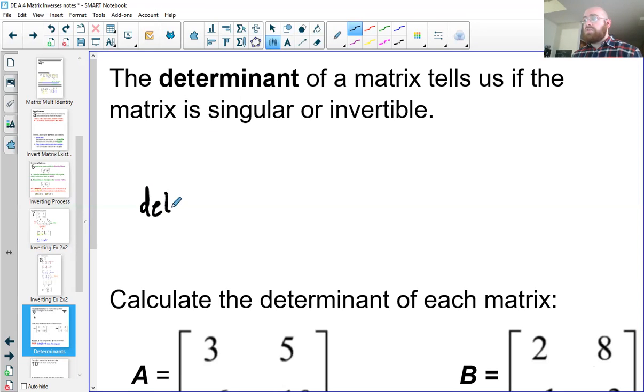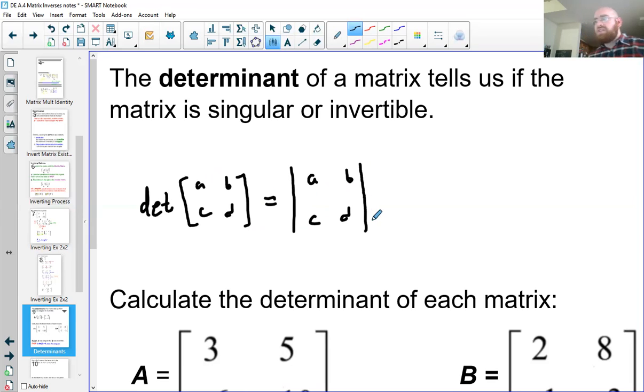So for a 2 by 2 matrix, we often will write determinant of A, B, C, and D, where A, B, C, and D are just the entries in those positions. Oftentimes we'll abbreviate by writing A, B, C, and D, but notice that this time we're just going to write with the flat bars rather than the square brackets.